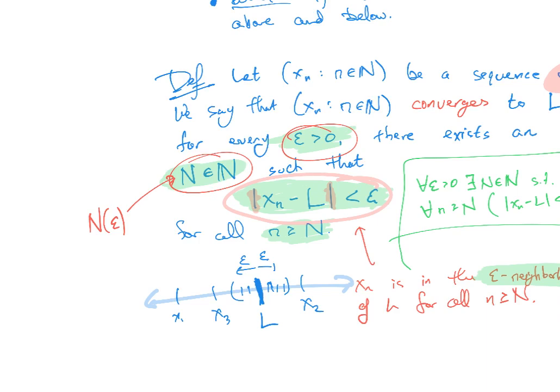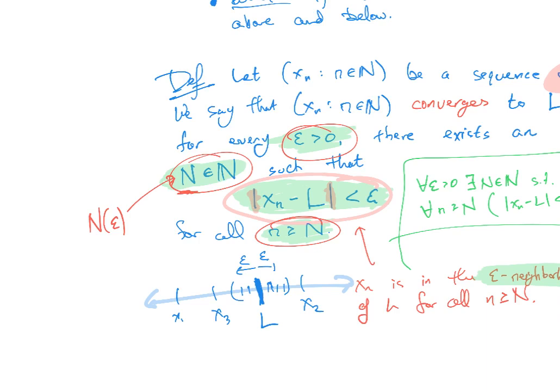I should also say, if you find a capital N that works, then any larger number would work too. Because if you find a capital N that works, it means for all little n that's at least that, you have your distance condition. So any larger capital N would work just the same.